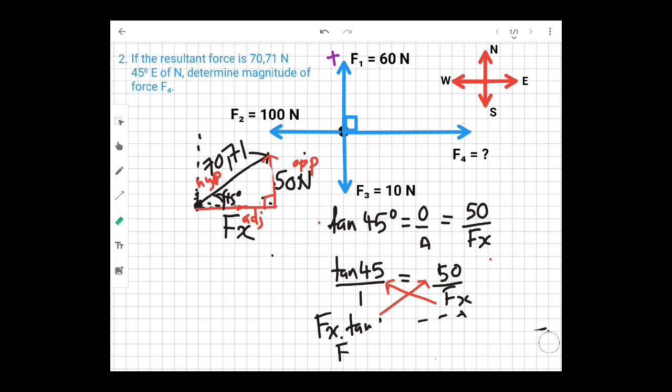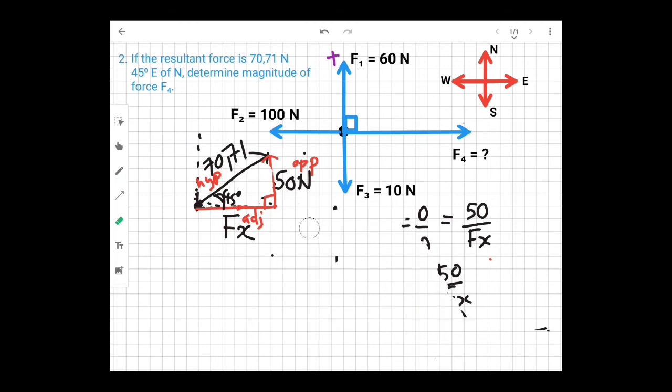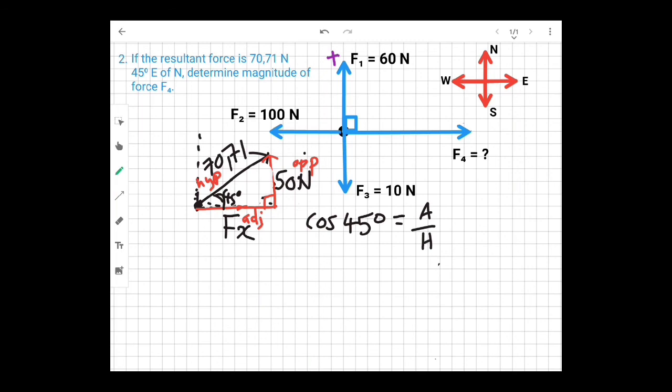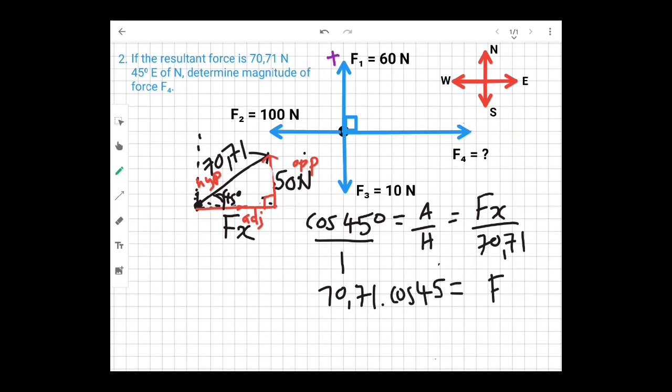The other trig ratio you could use is the cosine in this particular example. Okay, so you could have said the cos of 45 degrees is the adjacent over the hypotenuse. The adjacent is the Fx. The hypotenuse is the 70.71. Again, if you do the thing of cross multiplying, you get 70.71 times the cos of 45 is equal to Fx.